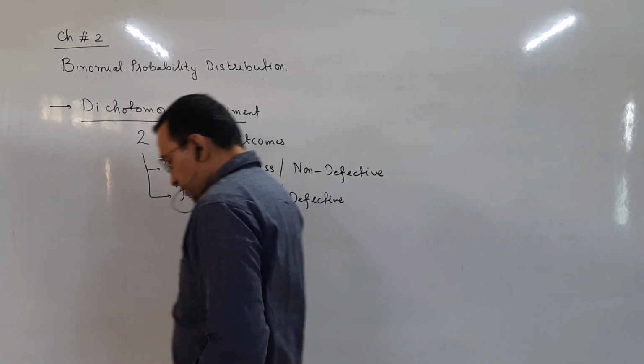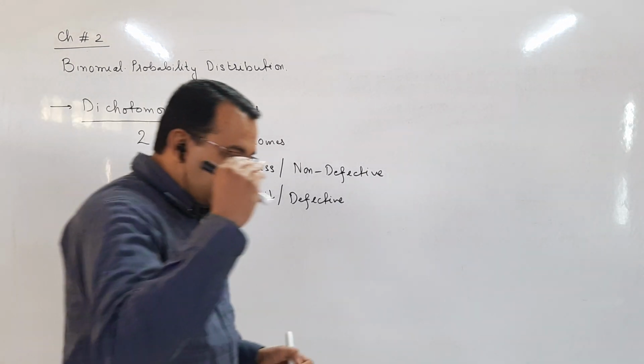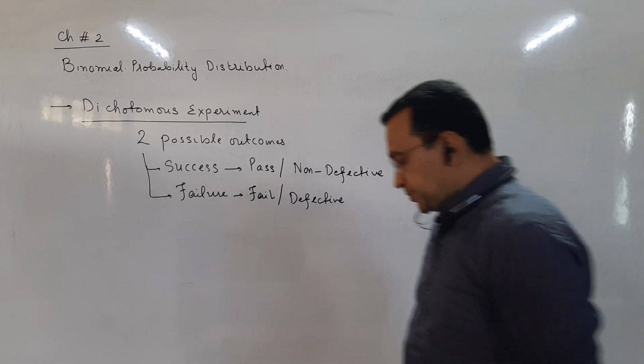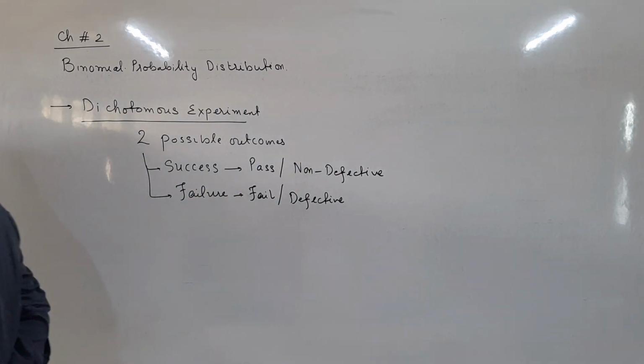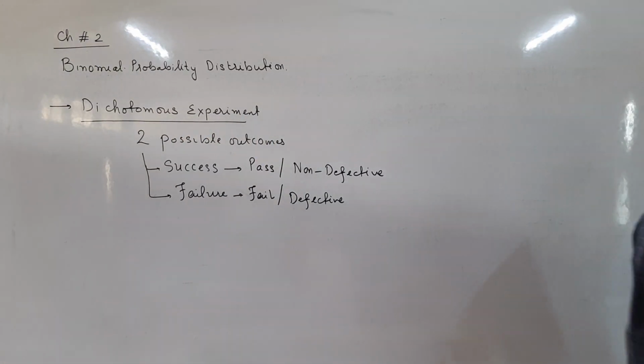You give a drug to a patient, drug means medicine, and that has impact or not. If that drug affects the disease and he is cured, that is success, and he is uncured or not cured, that is failure. So, we are discussing an experiment which has only two possible outcomes, of which one we name success, students, and the other we name failure.